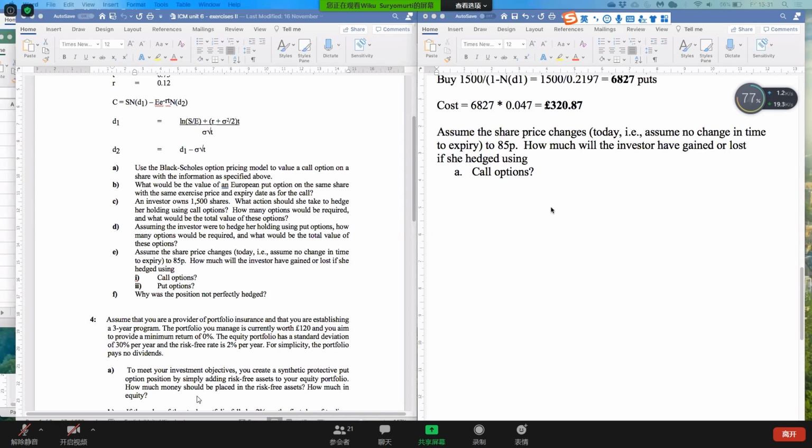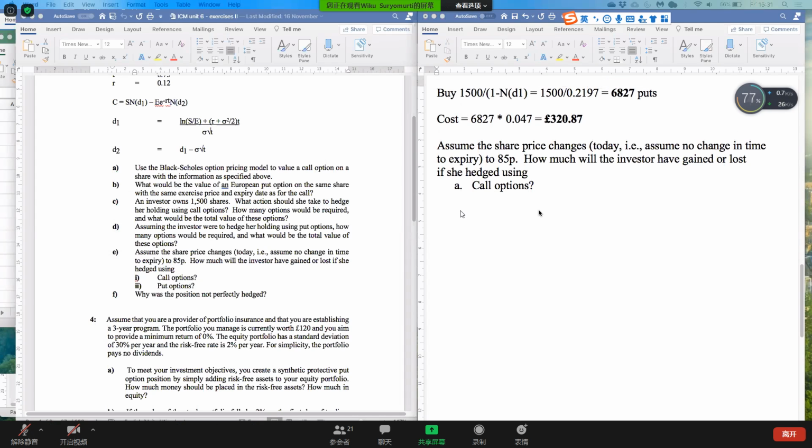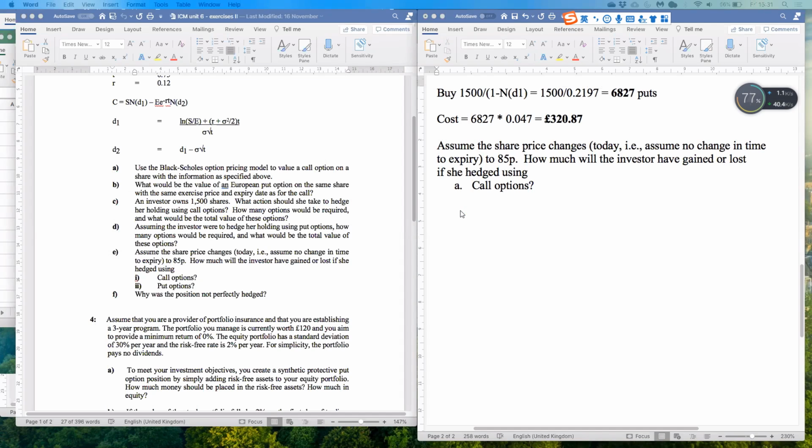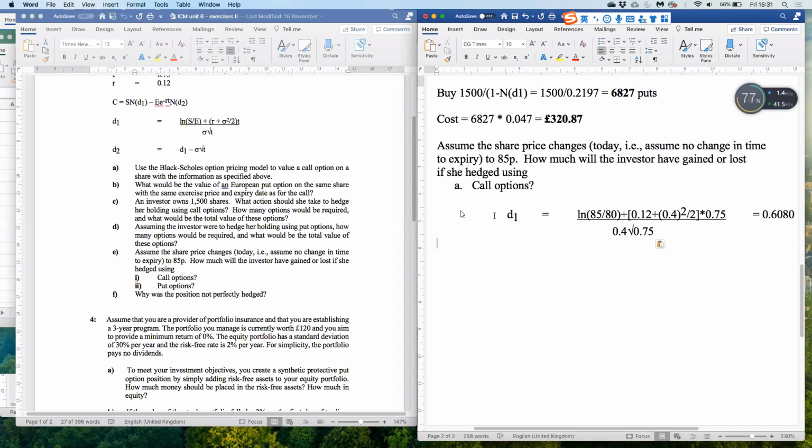Because the price of the stock has changed, we need to calculate again D1, ND1, and also D2 and ND2. As you can see, the D1 is ln 85 because the new stock price is 85. The rest is the same. So we got the value of D1 is 0.6086.